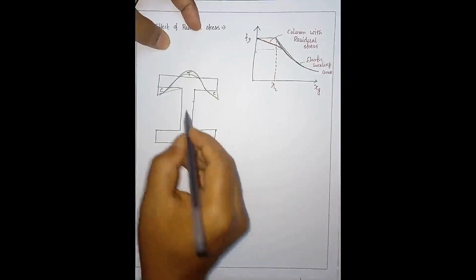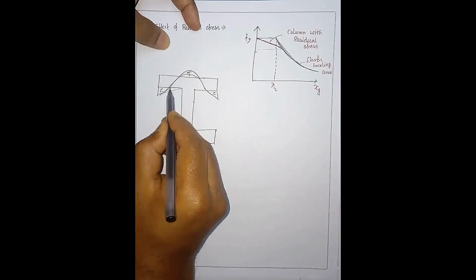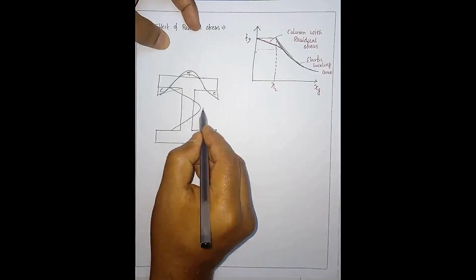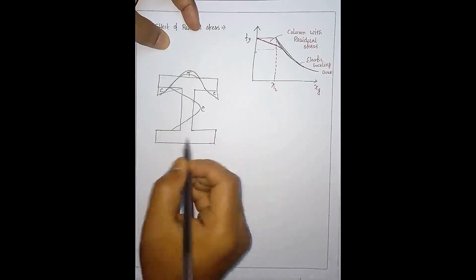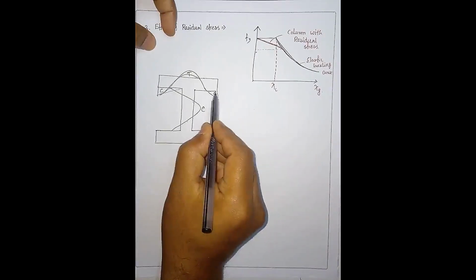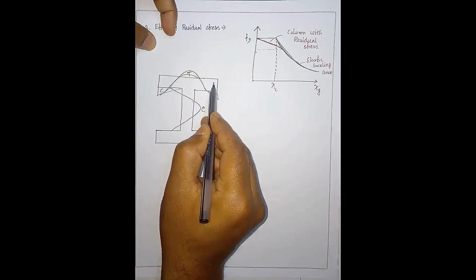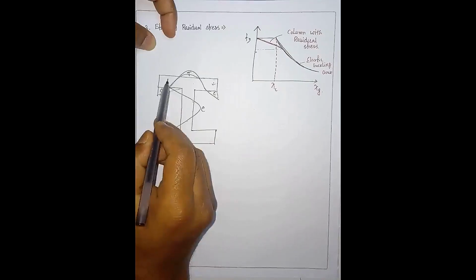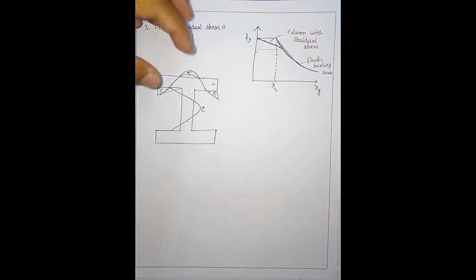Similarly here also, and in this part it will be like this, subject to compression. In the bottom part also the same thing. So at this flange part, this part is under compression. Some stresses remain whenever you use these cross sections in the field. You assume that there is no initial stress, but in practice there should be some initial stresses, that is, residual stresses.